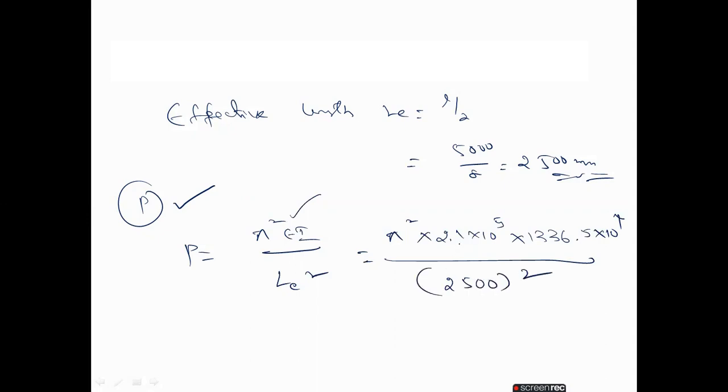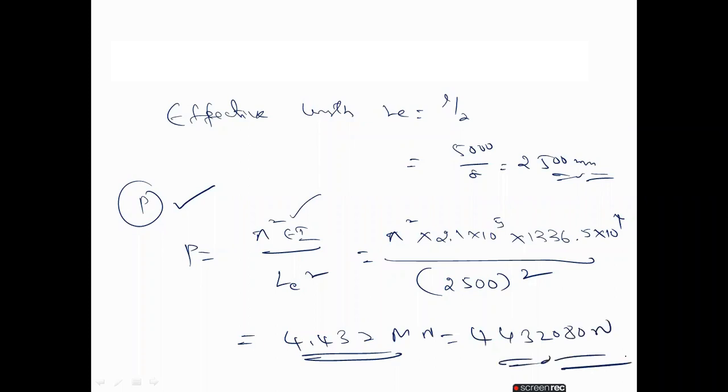If you calculate this, we will get the answer 4.432 mega newtons, otherwise 4432080 newtons. This is the answer we got.